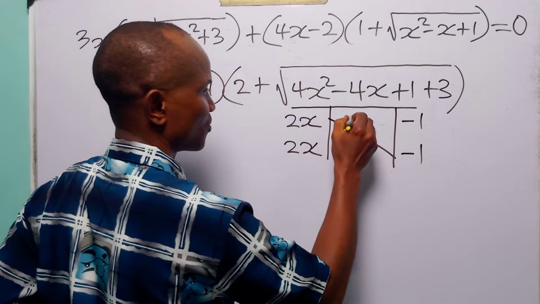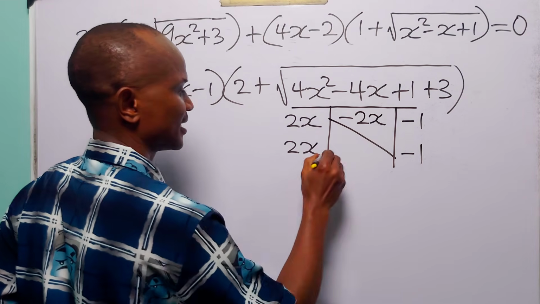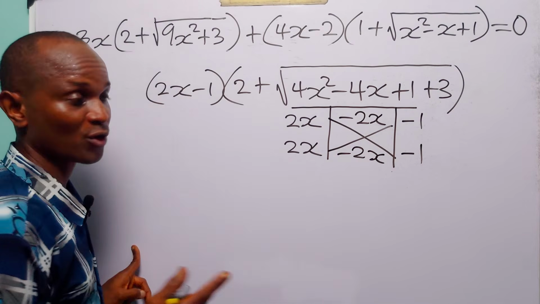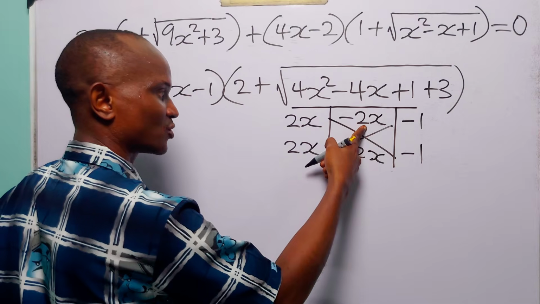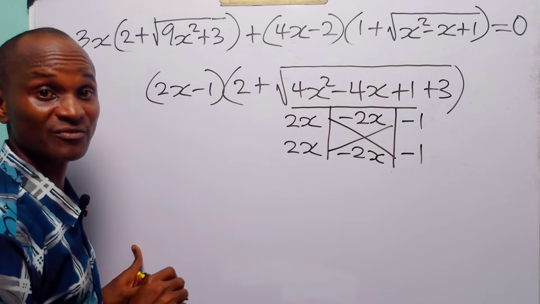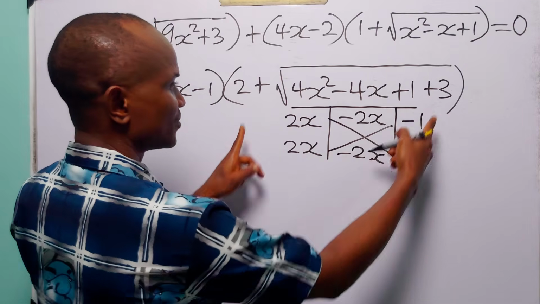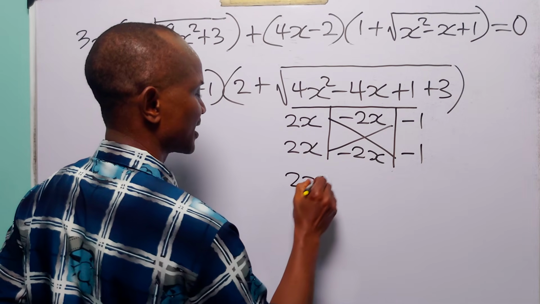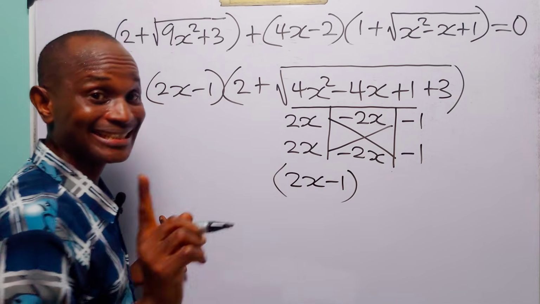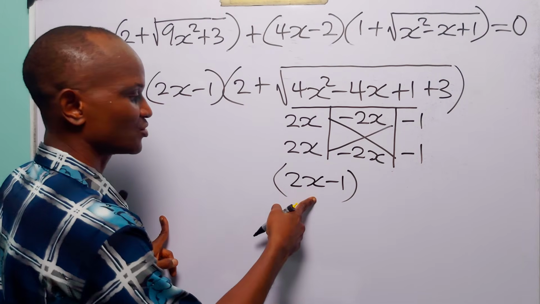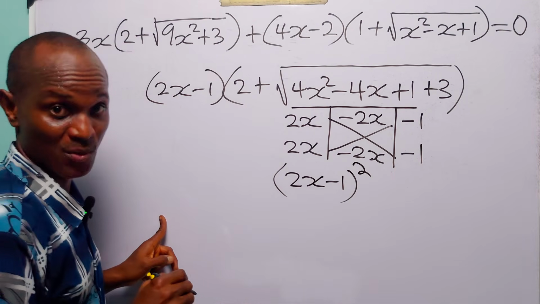2x times minus 1 is minus 2x. 2x times minus 1 is minus 2x. And of course, minus 2x minus 2x is equal to minus 4x. So that means that when we factorize this, we have 2x minus 1 times 2x minus 1, which is simply equal to 2x minus 1 squared.